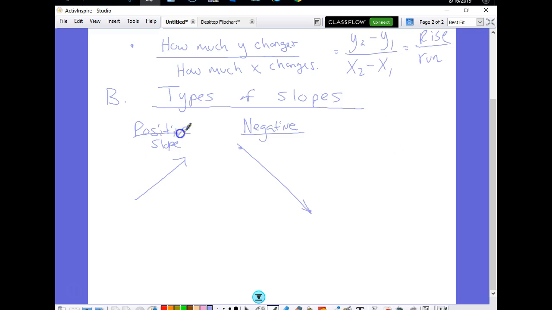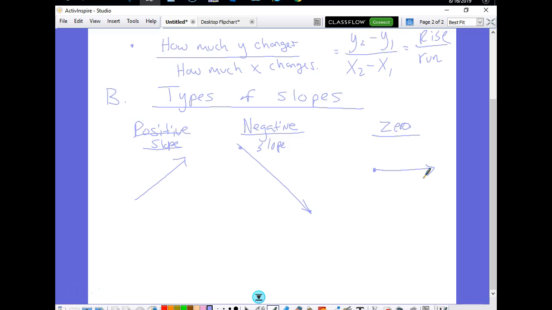Finally, you can have a constant function. Actually, you know what? Let's erase that word constant. I'm sorry. Put 0. In that case, as you go from left to right, you don't go up or down.